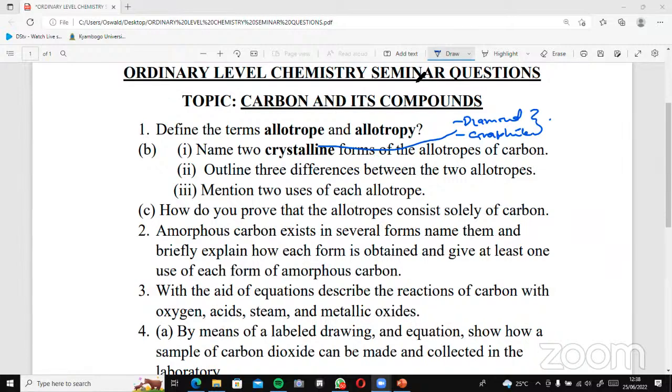So we have diamond being hard and graphite being soft, and also diamond being transparent and graphite being opaque. Ibrahim says diamond is very hard and also used to make drilling devices. Okay, thank you, Ibrahim. But it's the same as the first property. So can we have the third property?